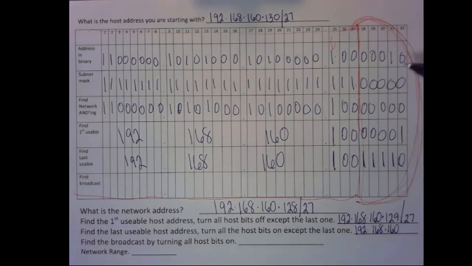I'm going to have 128 plus 16 plus 8 plus 4 plus 2. So I'm adding 128 plus 30, right? So 158. Did I do my math right?